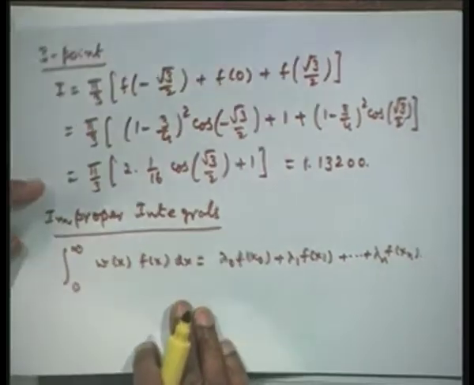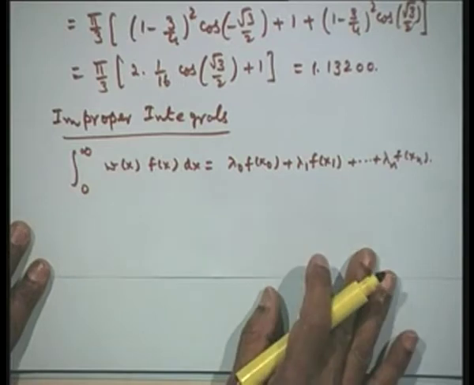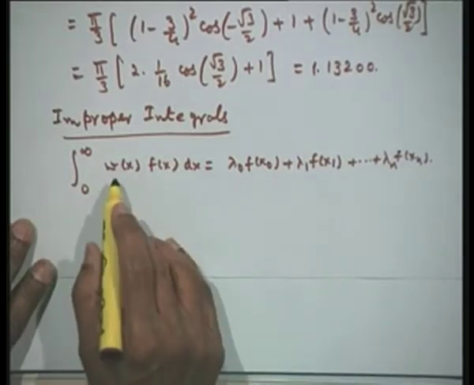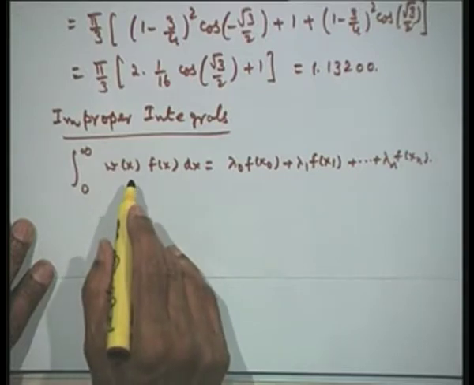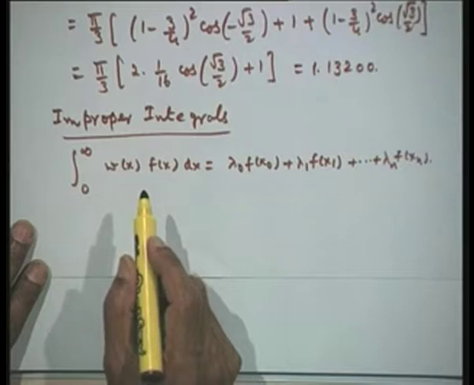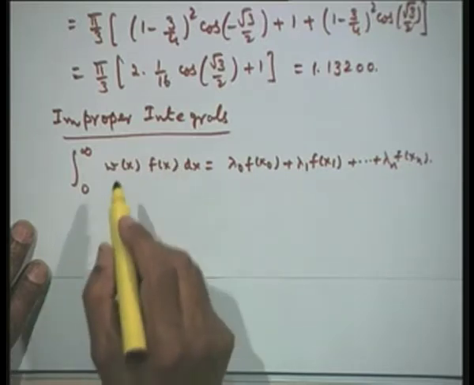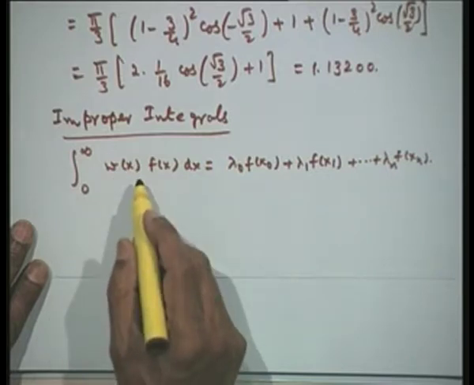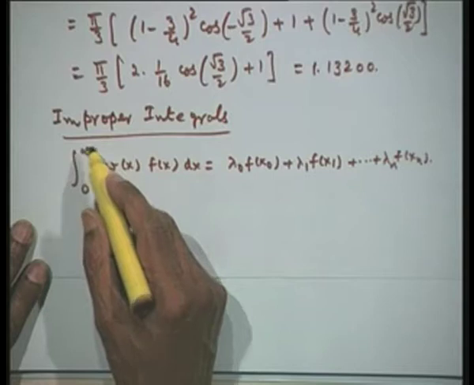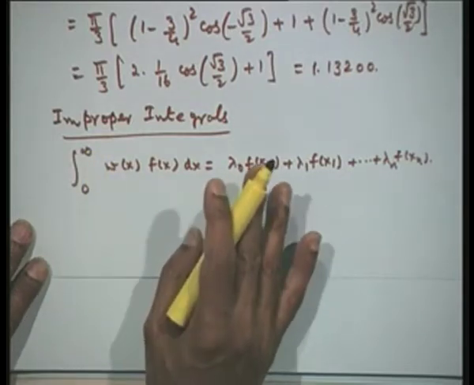The first class of the formulas that we consider is where the weight function w(x) is exponential of minus x. The reason is that the orthogonal polynomials are available for me which have the weight function exponential of minus x and are orthogonal over 0 to infinity, and these are the solutions of the Laguerre differential equation.